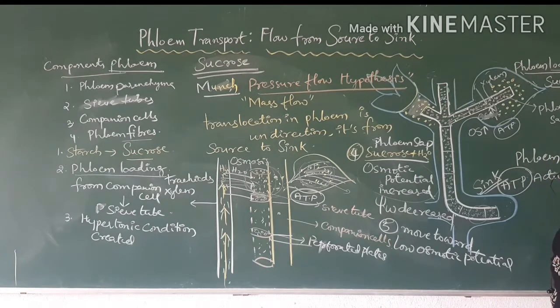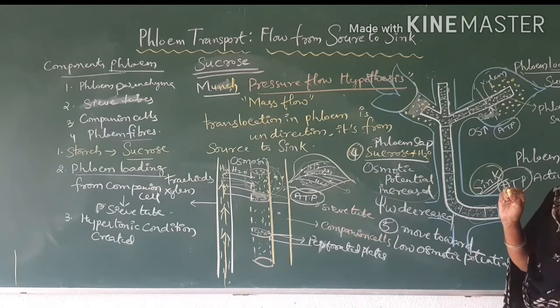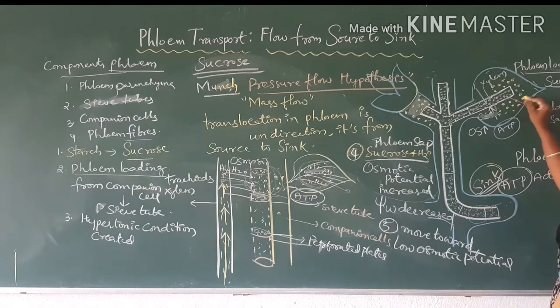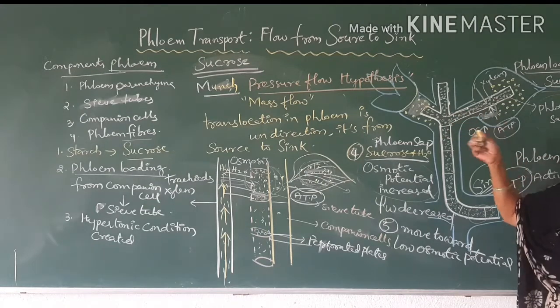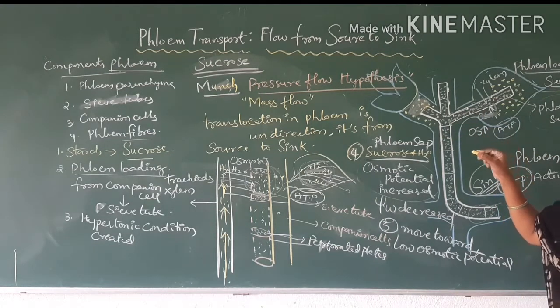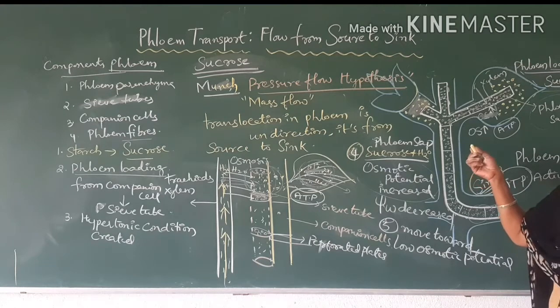Whatever materials are there in the phloem sap are released into the sink place. So at the source, where the food materials are prepared, phloem is loaded and the osmotic pressure is increased.